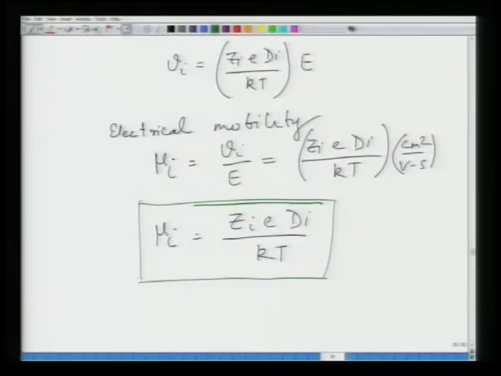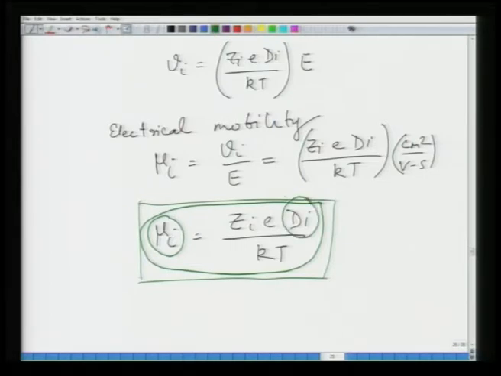So, if you remember the previous expression from the previous lecture, here somewhere, now you appreciate this expression more: mu I is equal to Z I e D I by k T. So this mu I is a function of D I, and this D I is very strongly temperature dependent.